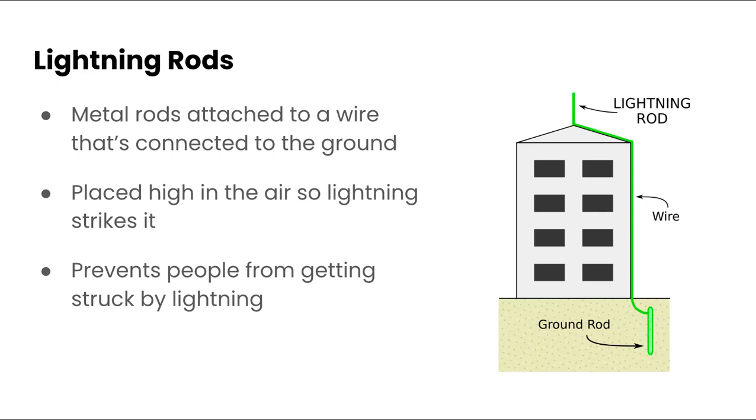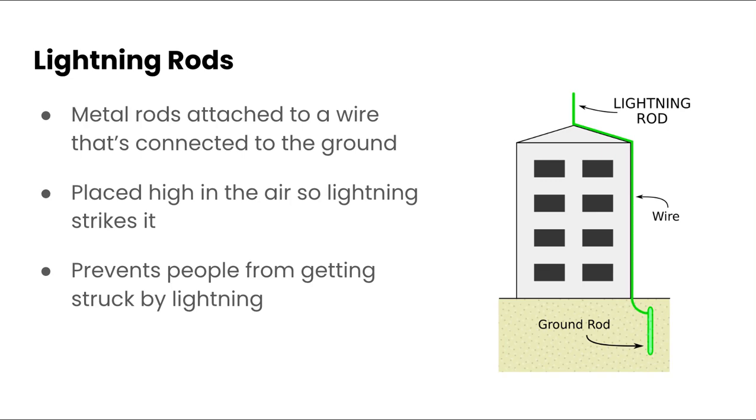They place it high in the sky, so lightning is going to strike it, because that will be the tallest thing in the sky. By having these, it actually prevents people from getting struck by lightning, because if it's put high up in the air, the lightning's going to strike it rather than the people.